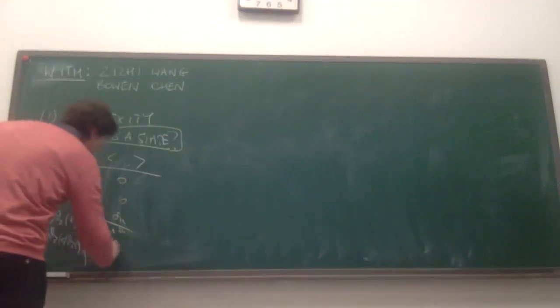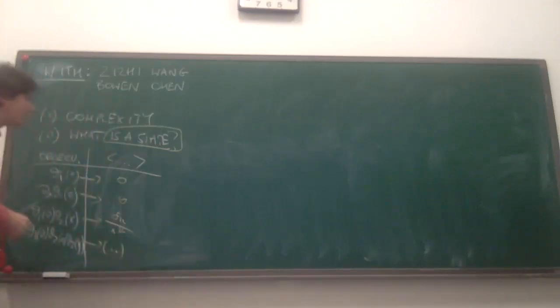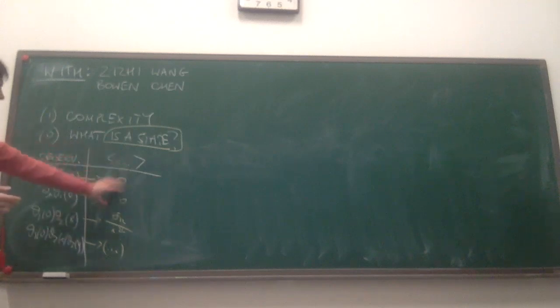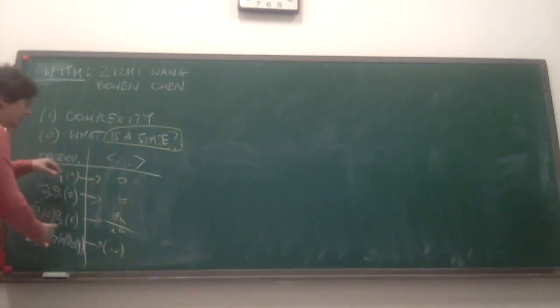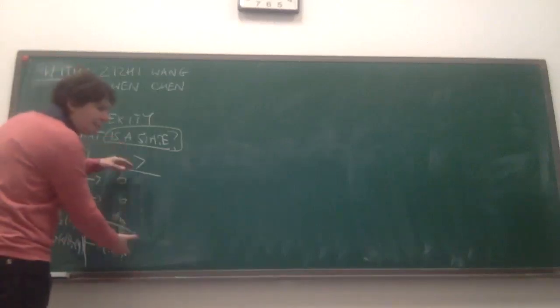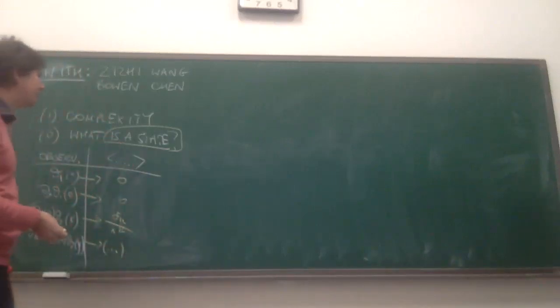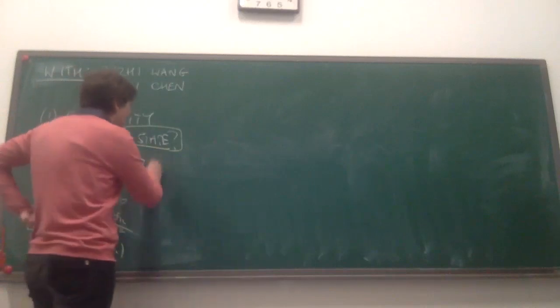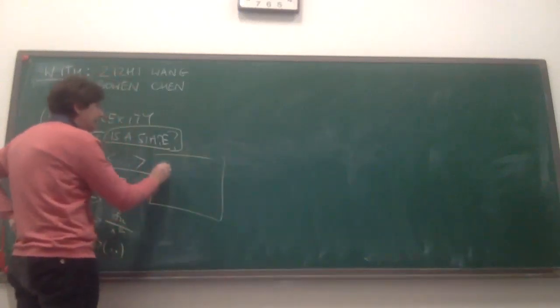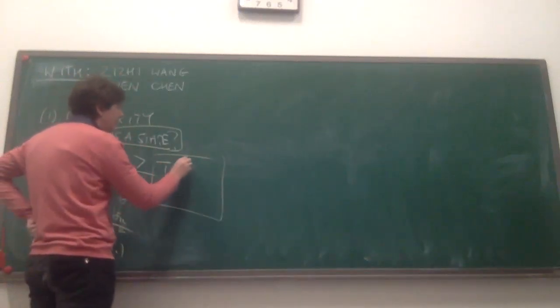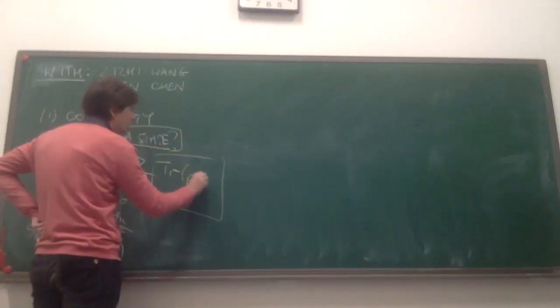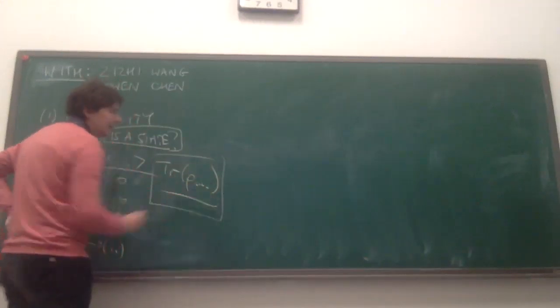Three-point functions also have some known value that I will not bother writing. But the point is that a state is characterized as a map from the set of observables to a set of real numbers, which are their expectation values. So a summary of this statement is that a state is a map of the form trace rho ... This is what a state is.